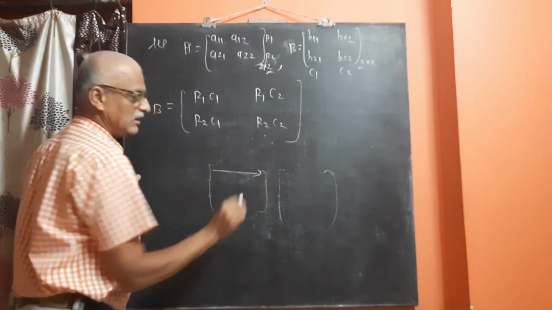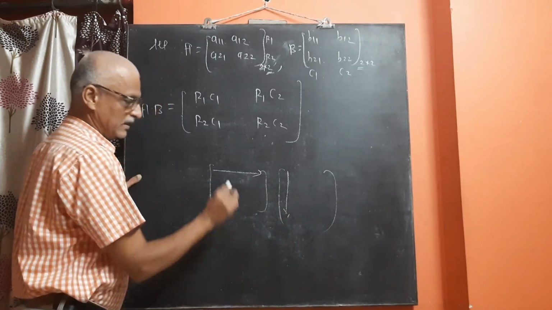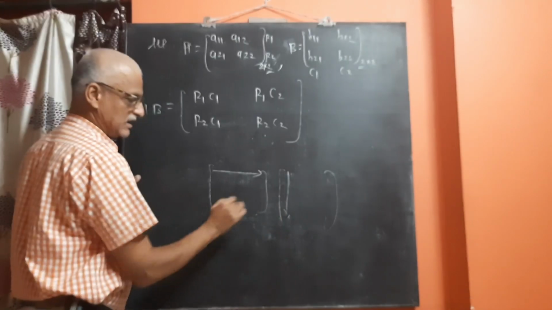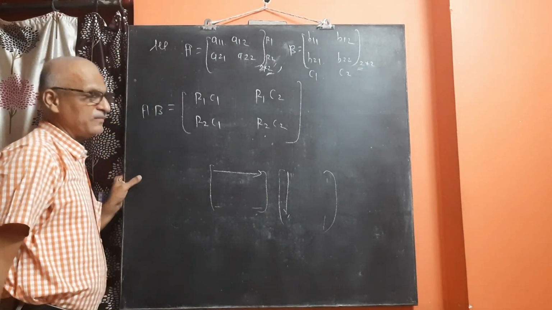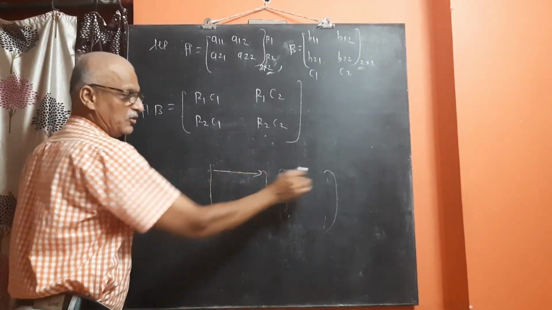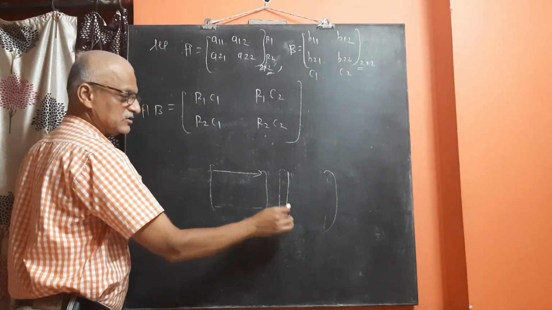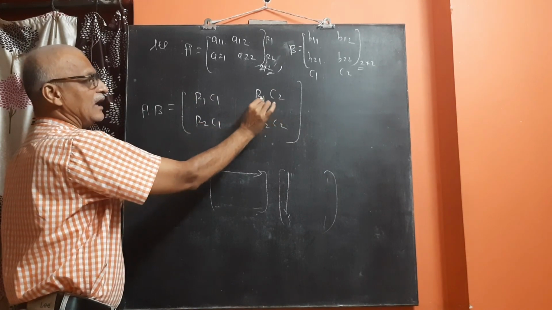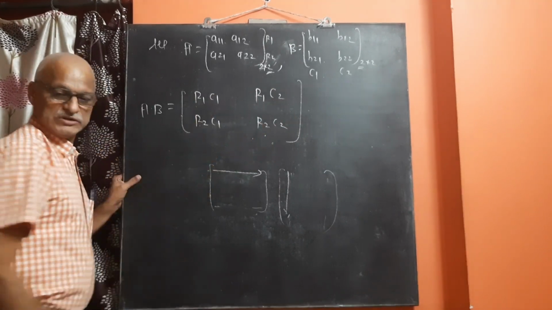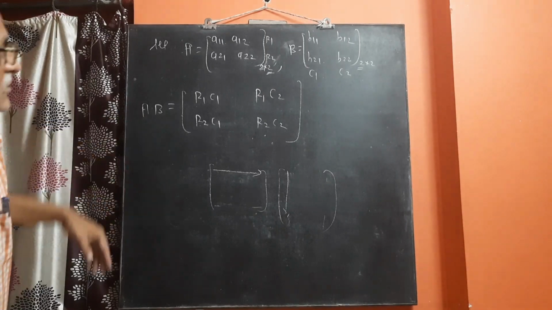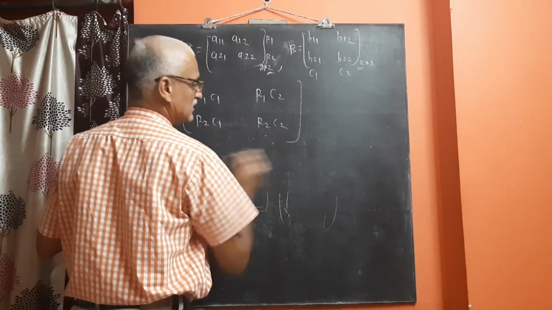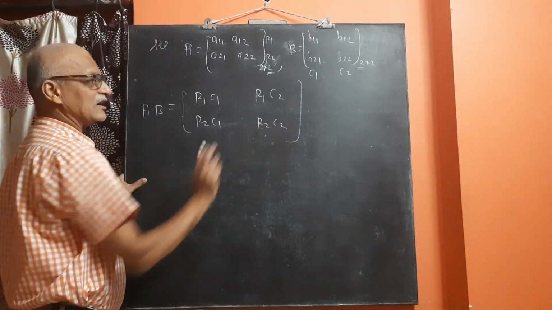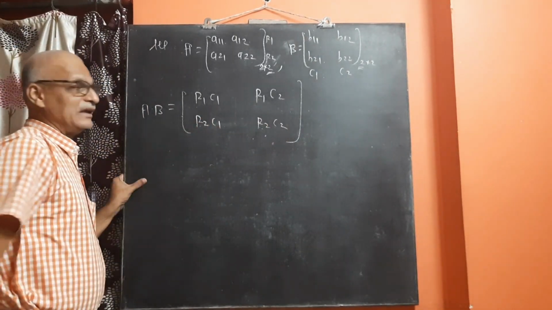First into first, then first into second, then second into first, and second into second. So row into column, again second row into first column, second row into second column. That is R1 C1, R1 C2, R2 C1, and R2 C2. That is multiplication of first row into first column, first row into second column, up to second row into second column. This is the multiplication of rows.